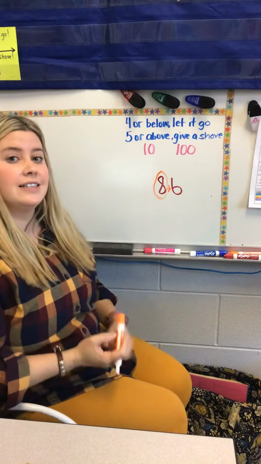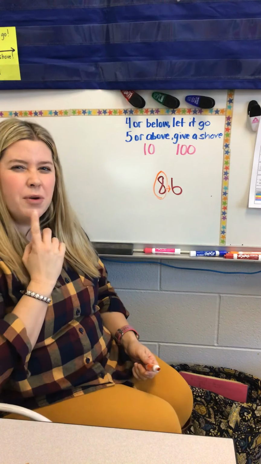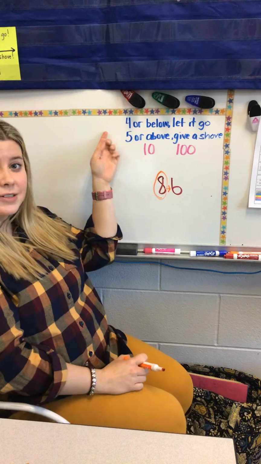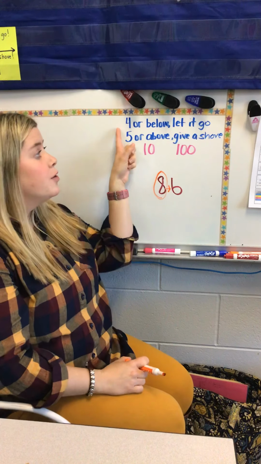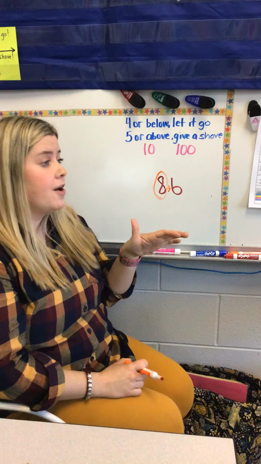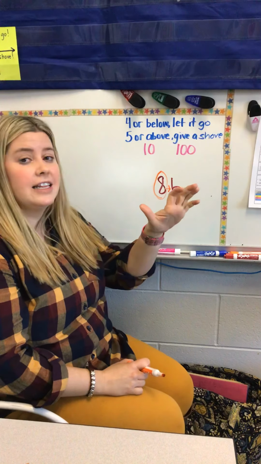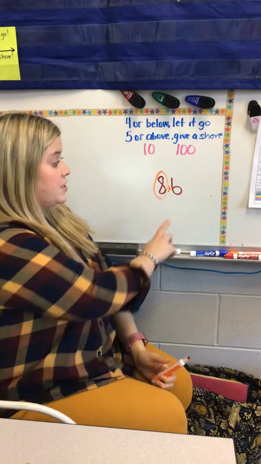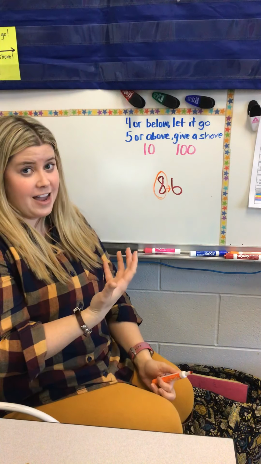Well, that number is a 6. Do you remember what a 6 tells me to do? If you've ever heard this little saying, I'm sure you remember. 4 or below, let it go. That means let that number go, it'll stay the same. 5 or above, give it a shove. So 6 is above a 5, right?